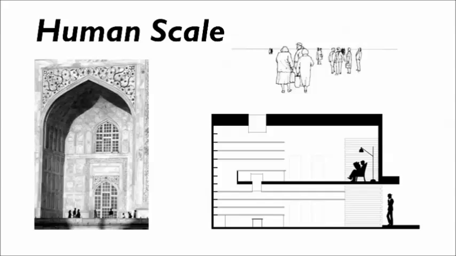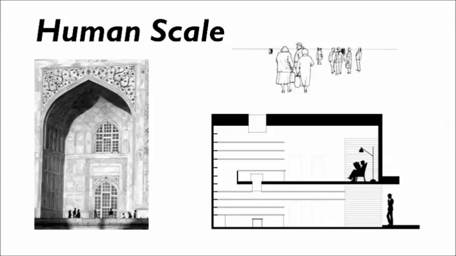Now, visual scale can reference something that is either a human or non-human object, but human scale is what really lets you understand what that space might potentially be like to inhabit. And so when we're looking at the drawing on the left, this is what we'd refer to as monumental scale.